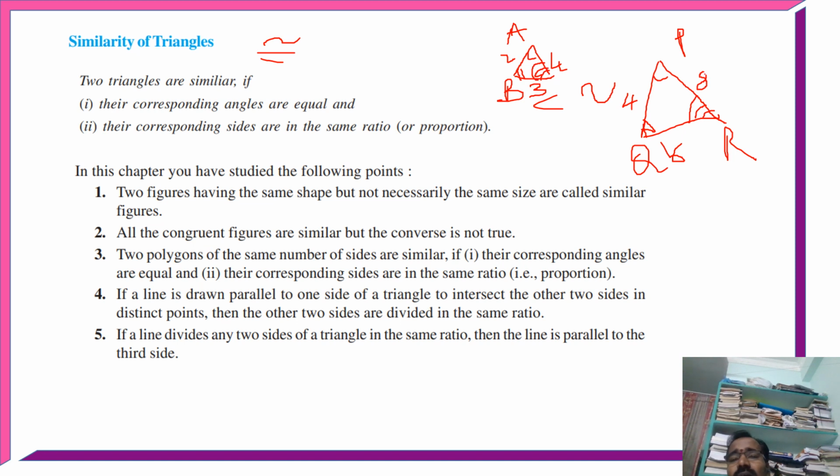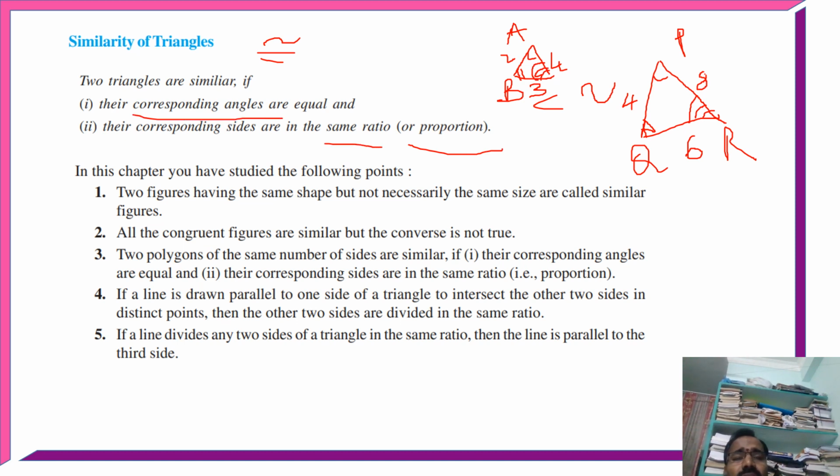If you see, the ratio 2 by 4 is 1 by 2, 3 by 6 is 1 by 2, and 4 by 8 is 1 by 2. So corresponding sides are proportional, nothing but the same ratio.